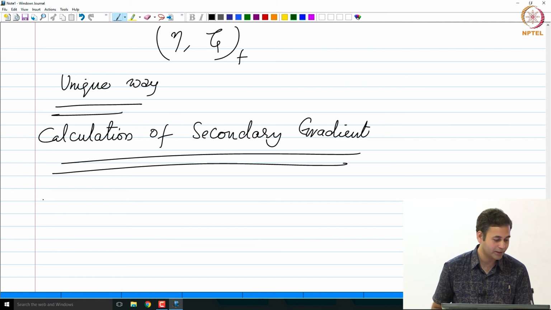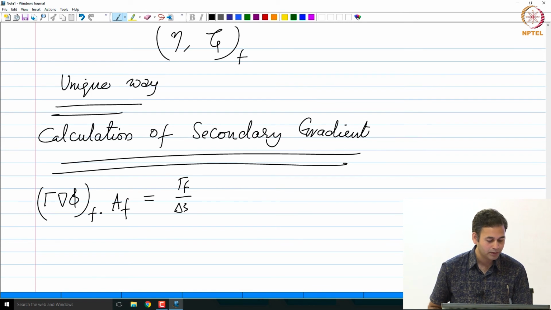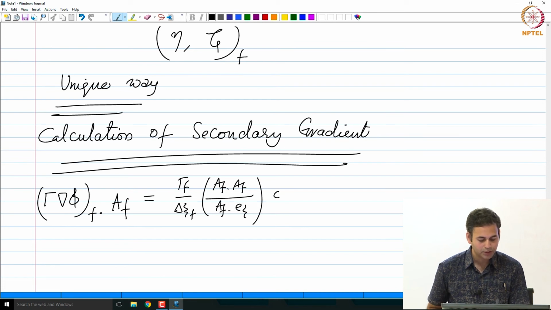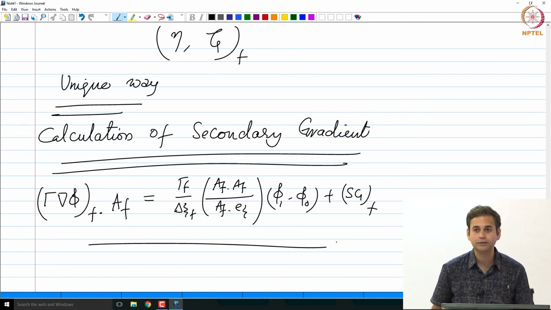We started off calculating gamma grad phi f dot A f, and we have written this as gamma f by delta xi f times A f dot A f by A f dot xi times phi 1 minus phi 0, plus the secondary gradient of f. That is what we have written.